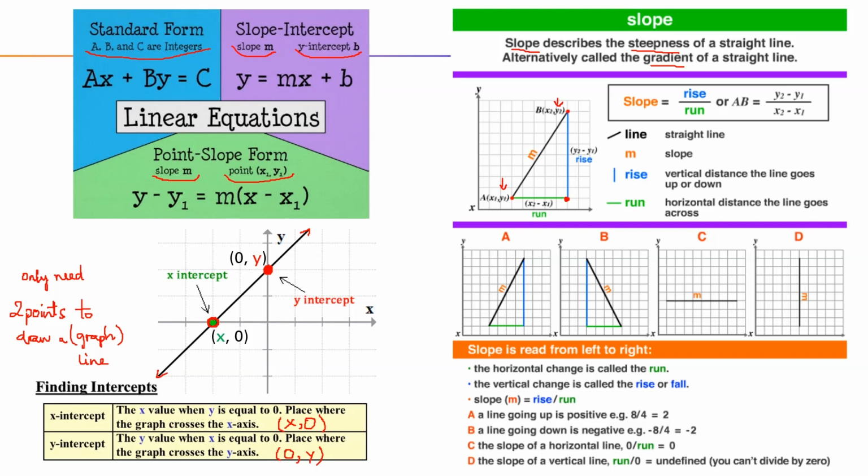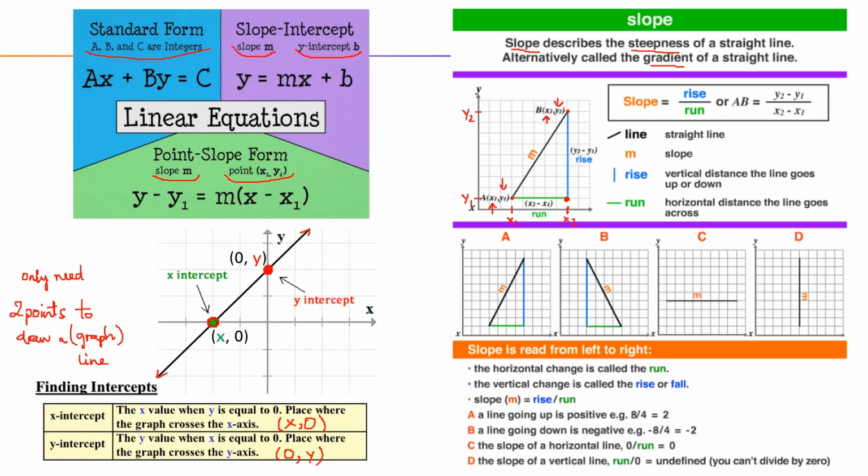And then the run is from x2 right here minus x1. So x2 is from here, and x1 is from here. This is y1 and this is y2.